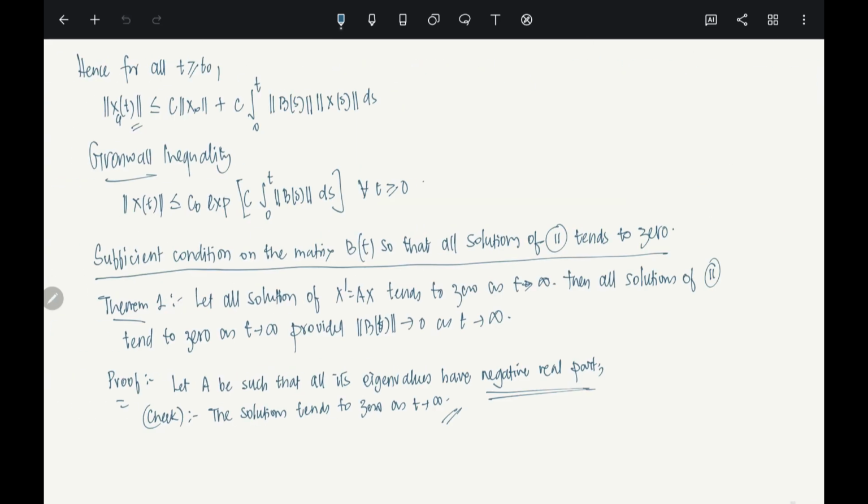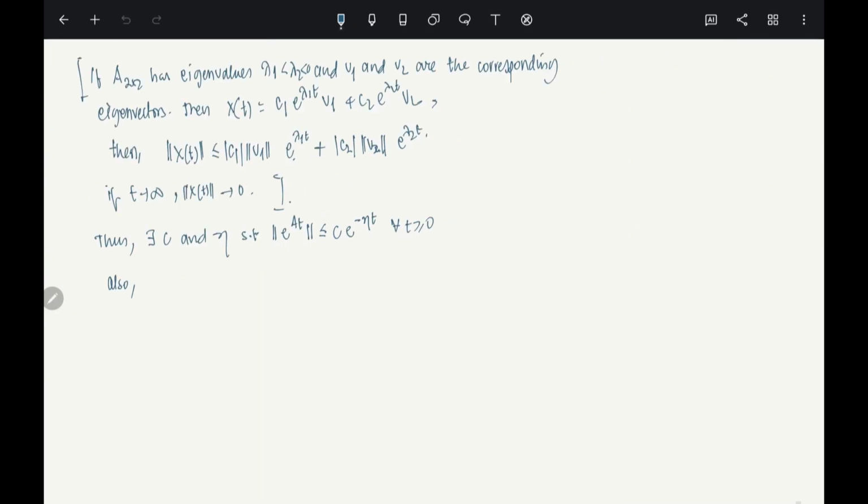Now also, B of t goes to 0 as t tends to infinity. So what does it mean? It means that for t greater than or equal to, let's call it t1, the norm of B of t is bounded by some c1.